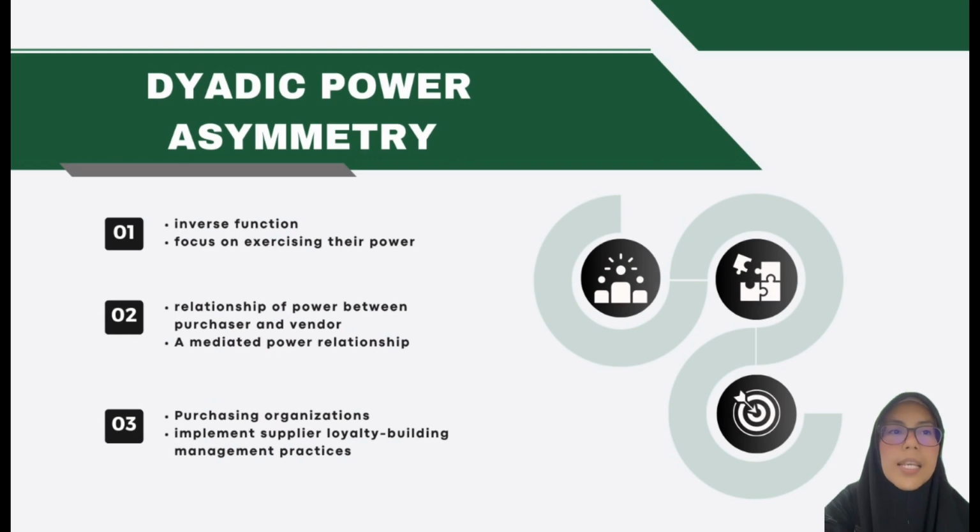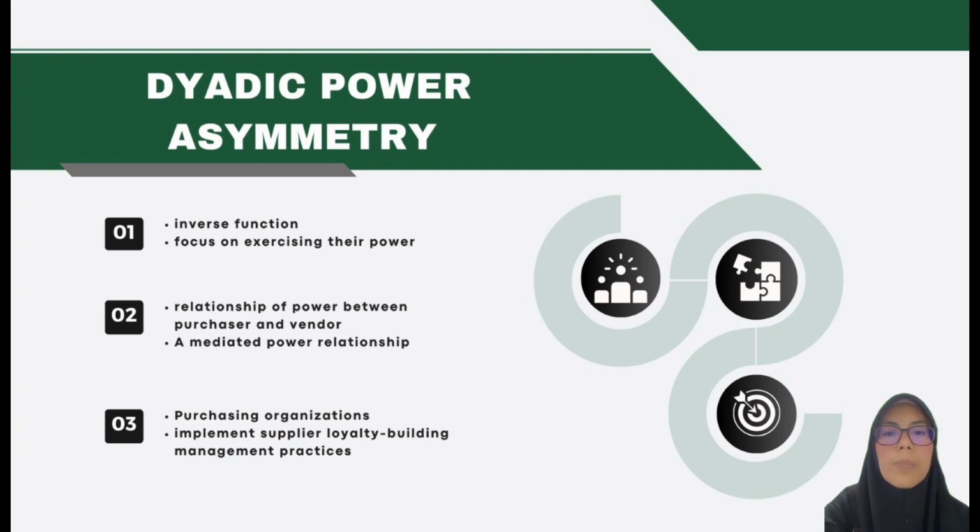Definition: dyadic power asymmetry is an inverse function of the buyer's and supplier's relative dependence and the accompanying relationship management strategy. A consumer is more likely to focus on exercising power or protecting themselves from being exploited than on thinking integratively. The relationship of power between purchaser and vendor is not always conflict-free.